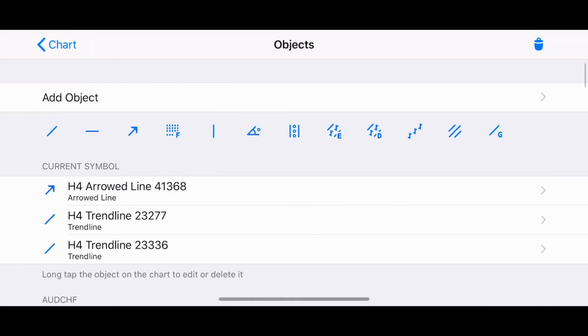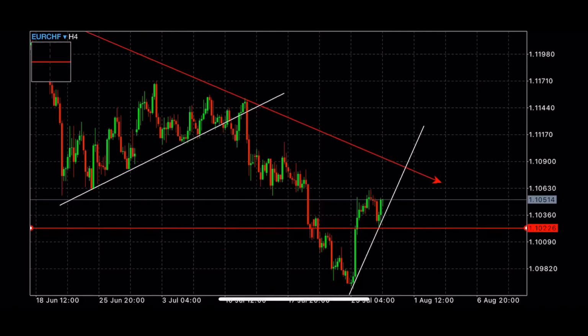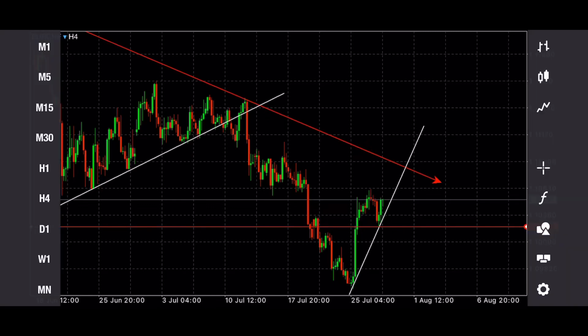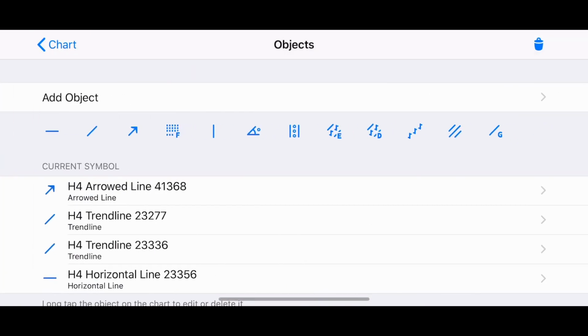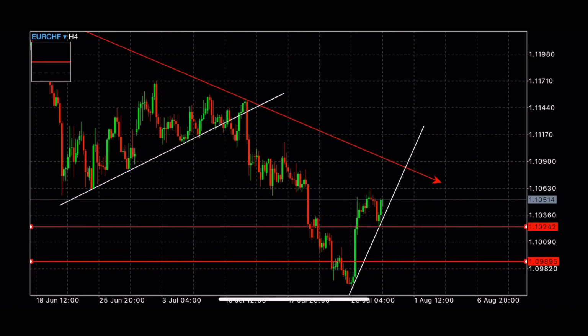I'm going to take a horizontal line and put it at this level, the recent low that price has made. I want you to open a sell stop at this price, and I want you to put the TP for that sell stop there.